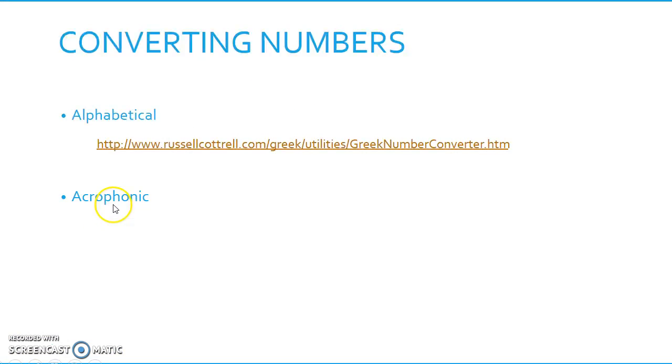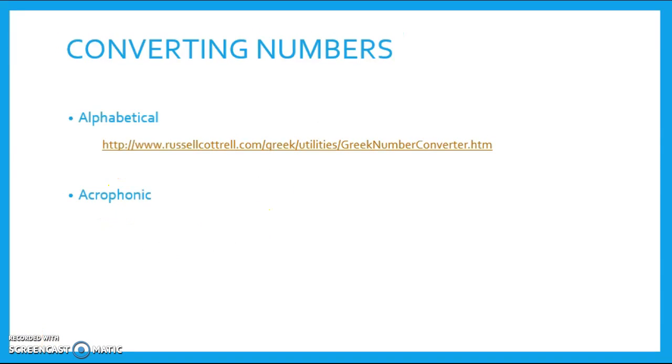And then the acrophonic, I just thought I could draw some on here and help give you kind of an idea of what it was like. Okay, so I'll just start with an easy one. So 1 is pretty much just one straight line down.